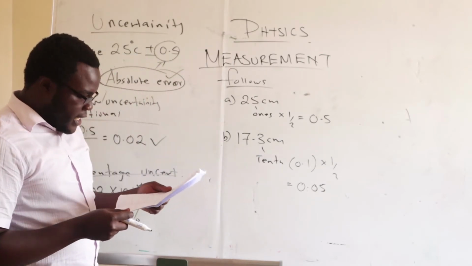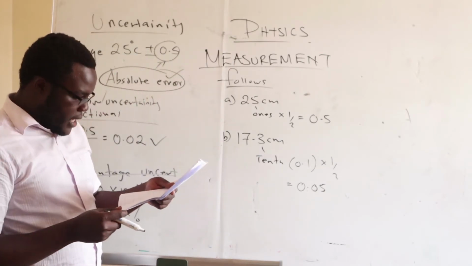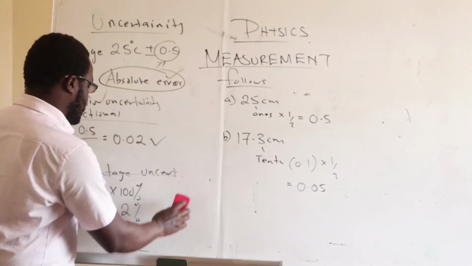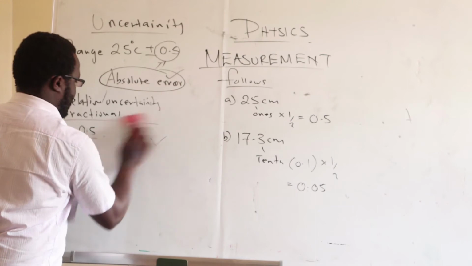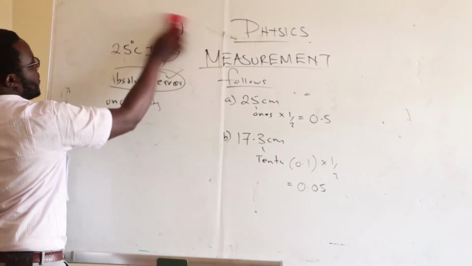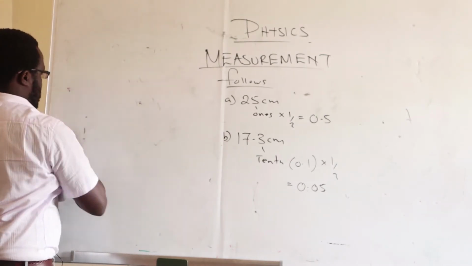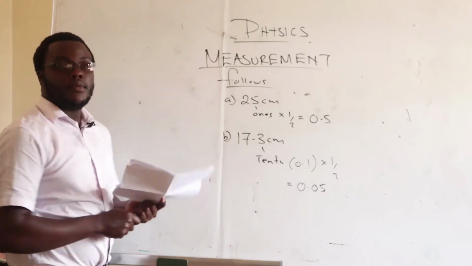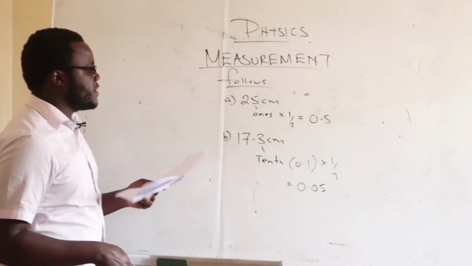Finally, I can give another example. Calculate the absolute uncertainty. I want to give an example that relates directly to what I've just done.